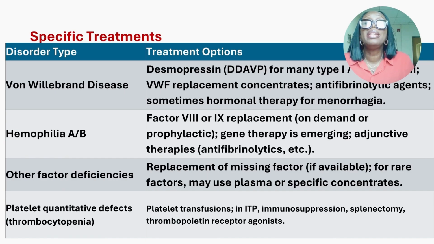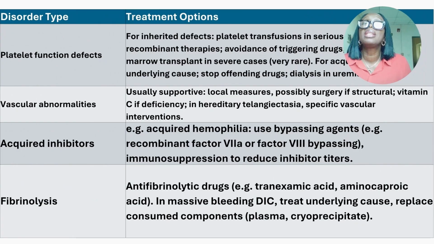And then in idiopathic thrombocytopenic purpura, immunosuppressive agents or splenectomy or thrombopoietin receptor agonists can help in treating specific cases.